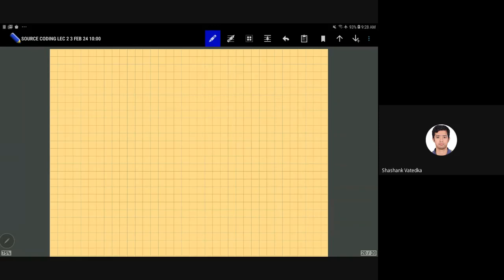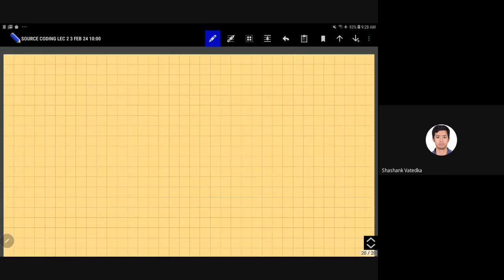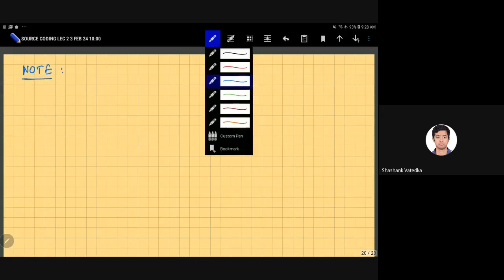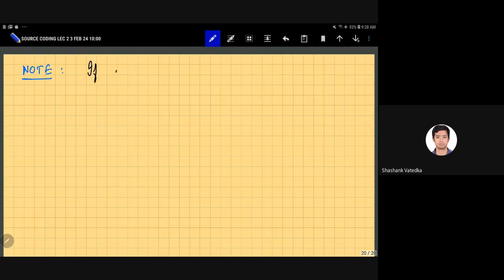But the following is always true. Suppose that we are given an optimal code, so it achieves L star of Px, the minimum possible expected length among all prefix-free codes.